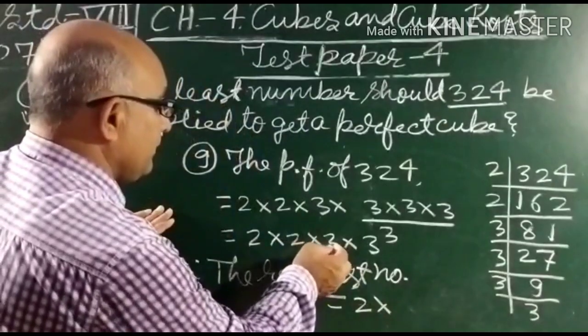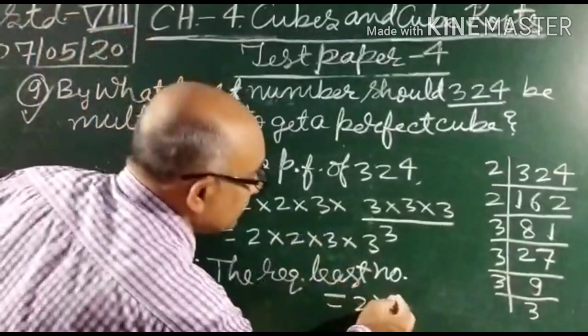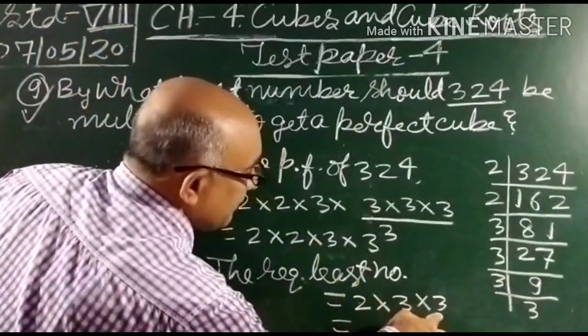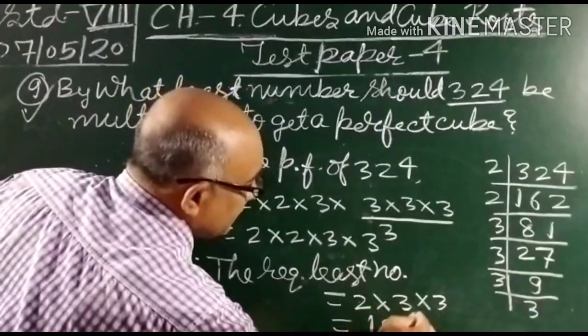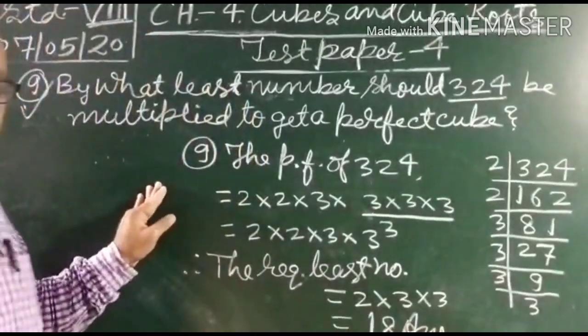And for 3, to make a triplet, it is multiplied by 3 into 3, equal to 9, and 9 2s are 18. Answer of this question. Write it.